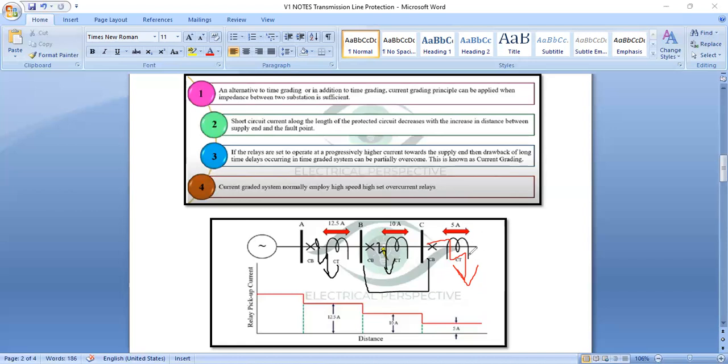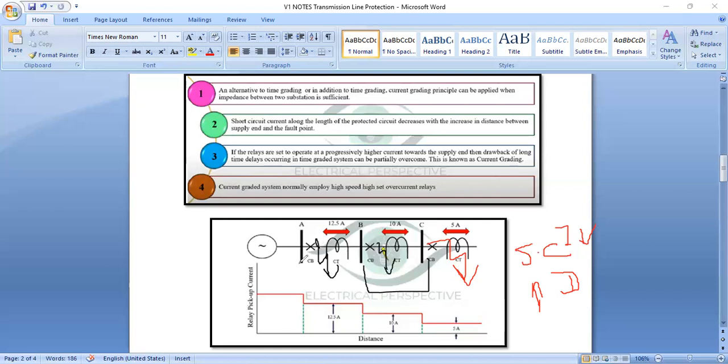This is based on the fact that the short circuit current decreases with increasing distance between the supply end and the fault point.